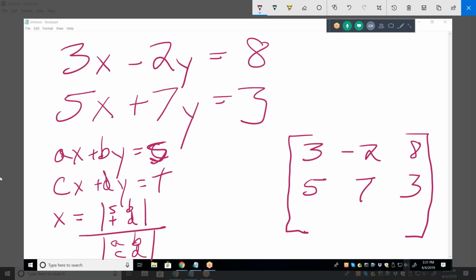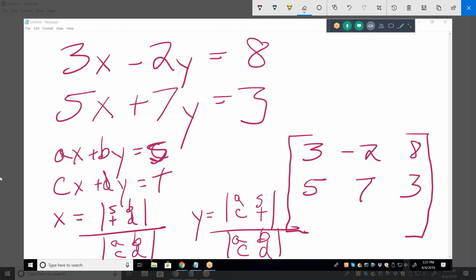And the y value is equal to the determinant, and it's going to start off a and c, and then s and t, divided by the determinant of the left side, which is your a, b, c, d. Okay? That's easy enough to apply. The question is, how do you memorize it?